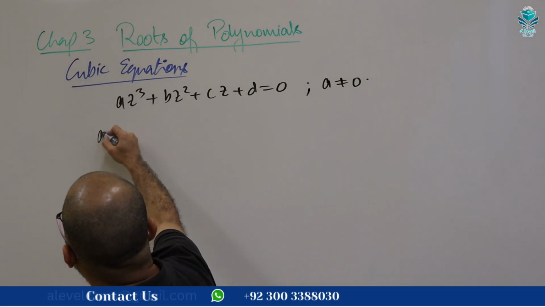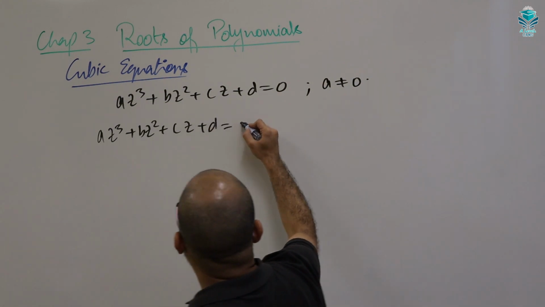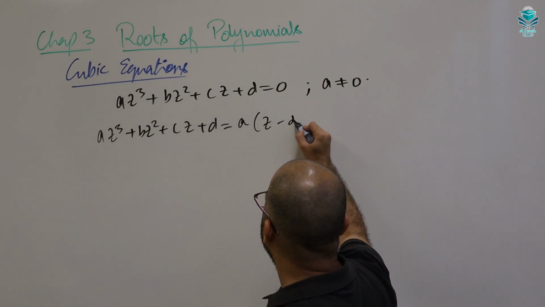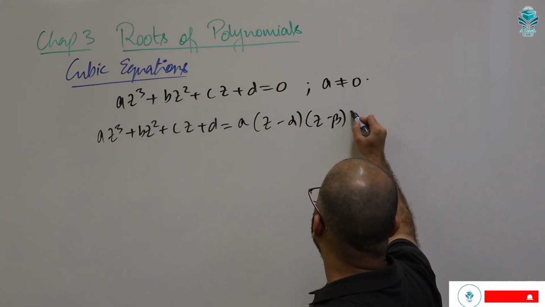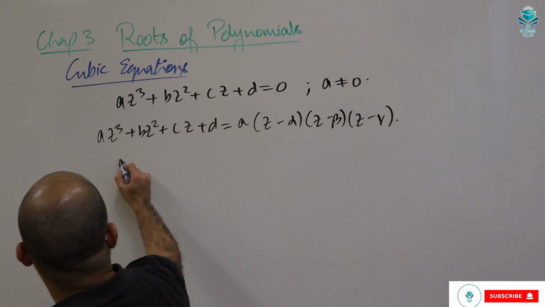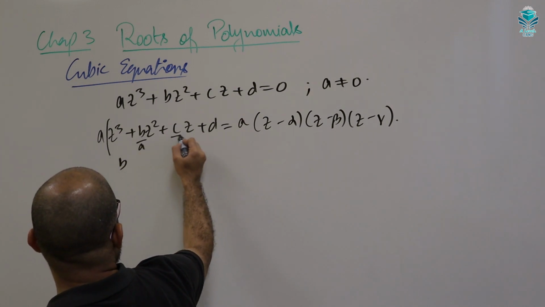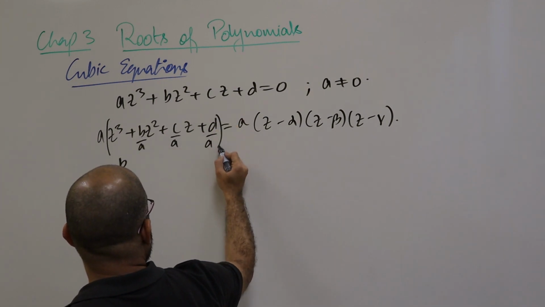So we can write, let's say the roots are alpha, beta, gamma. Understand? So you can write b over a. If you take a common from here, you have it like this.